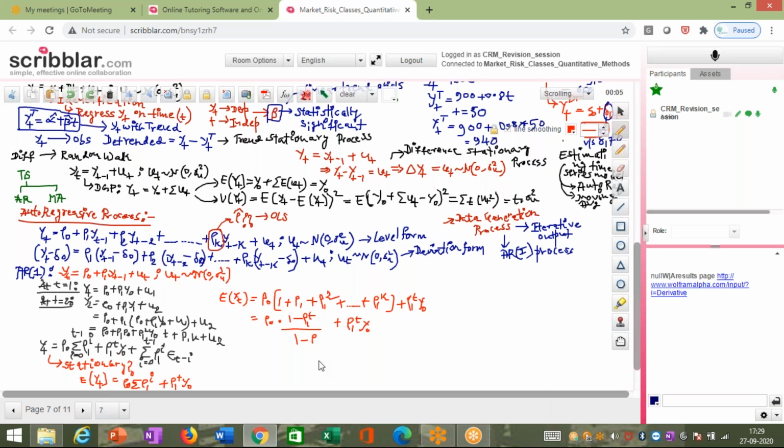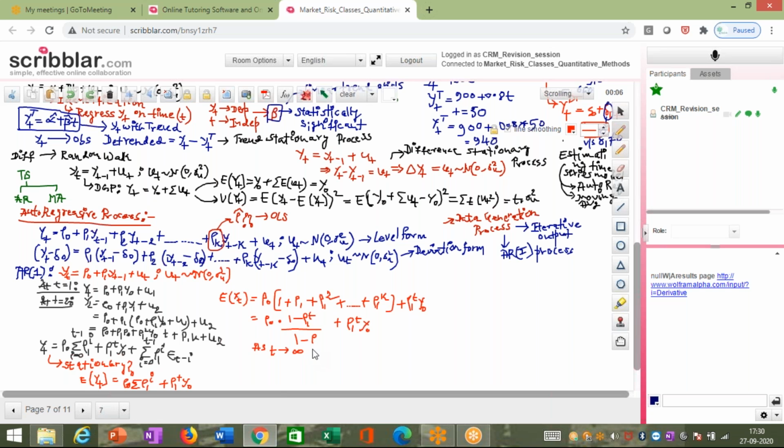So now the question is under what situation will that happen? So as t tends to infinity, it should be the tendency of this time series, or this mean, to converge to a constant.